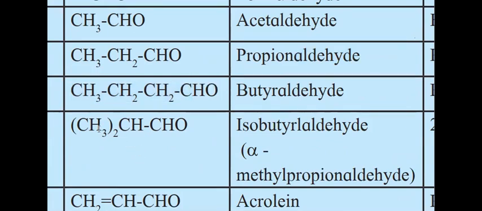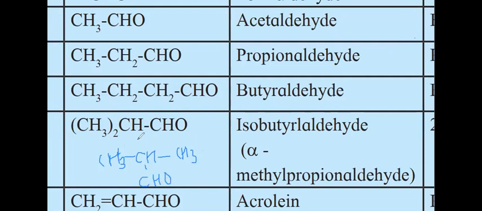Then isobutyraldehyde or alpha methyl propionaldehyde. I will draw. This is CH, this is CH3, this is another CH3, and to the CH the CHO group, the aldehydic functional group, is attached.